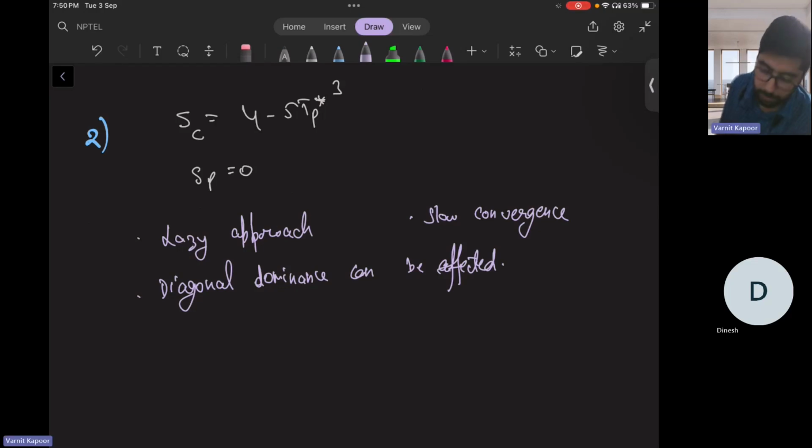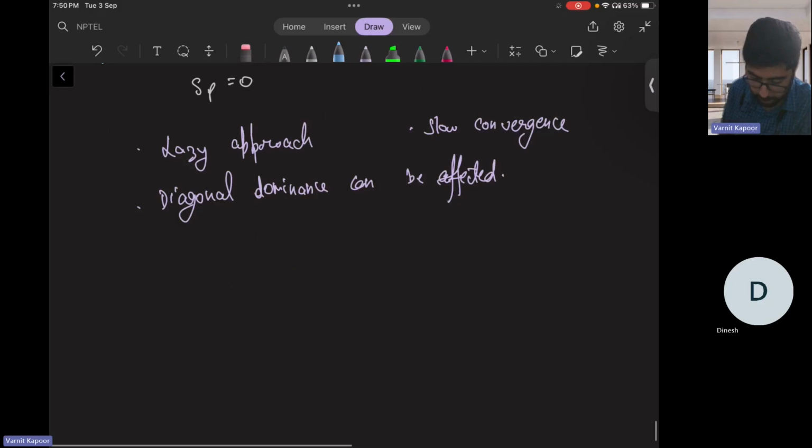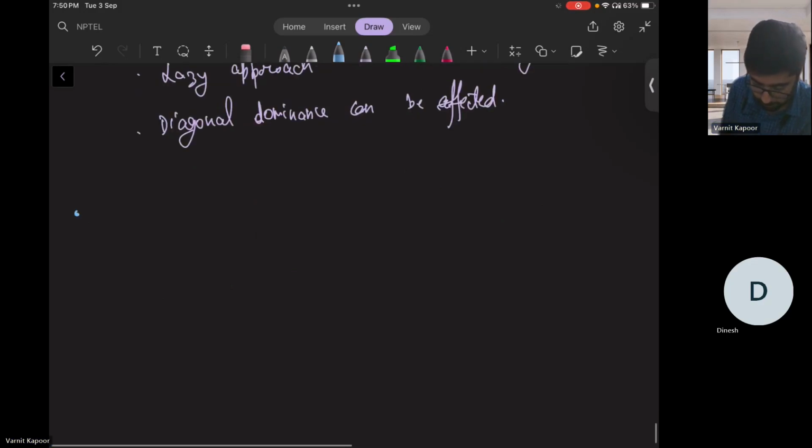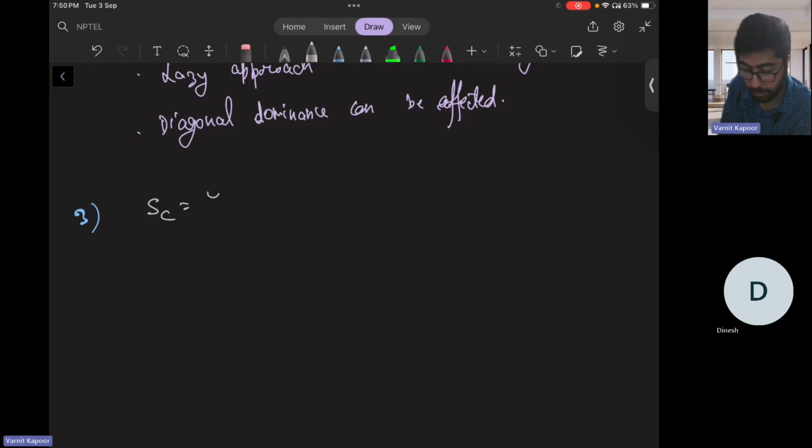Now suppose we have a third case, third model, where your SC is 4 and SP is minus 5 TP star square.